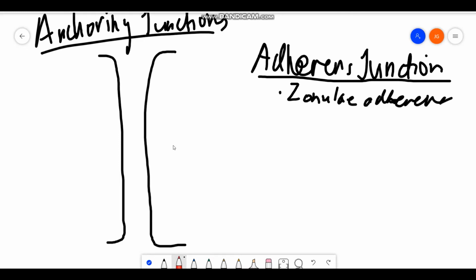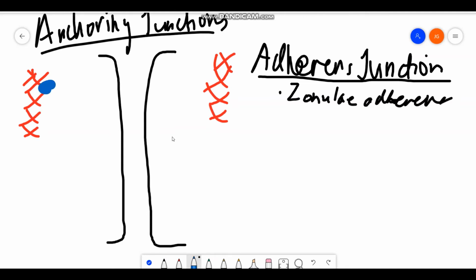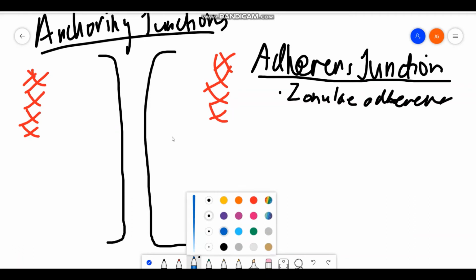So as I mentioned earlier, your adherens junctions are going to bind to actin. So this isn't really what actin actually looks like. This is just for simplicity, again, so you understand it. And they're going to be linked together with proteins that I'm going to label in blue.